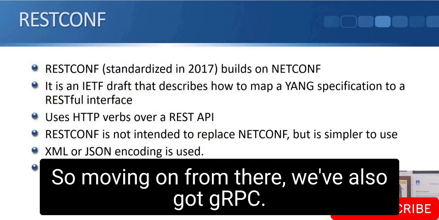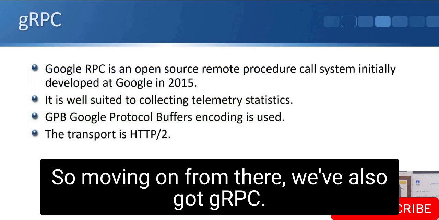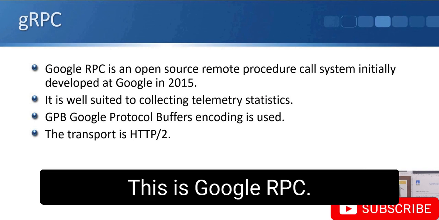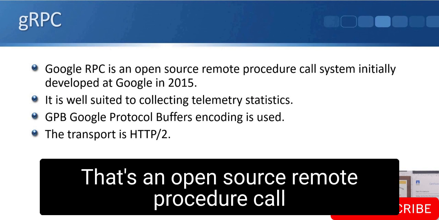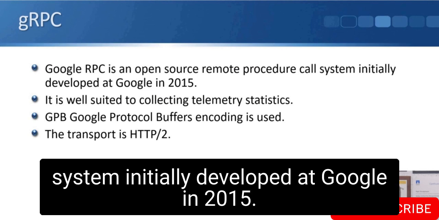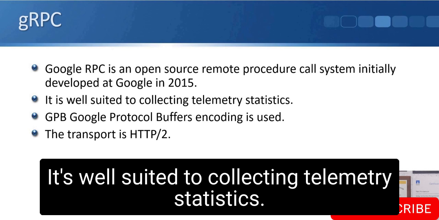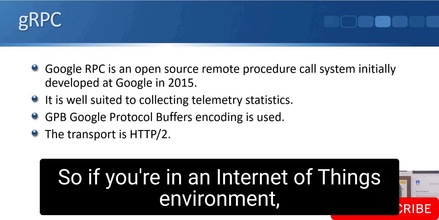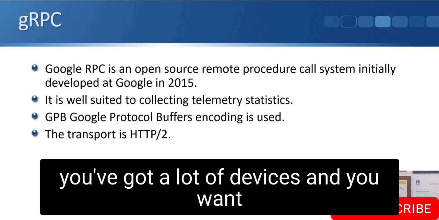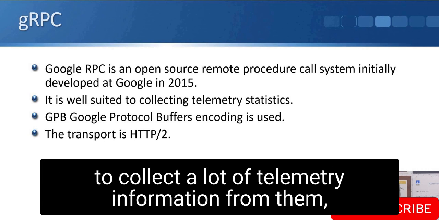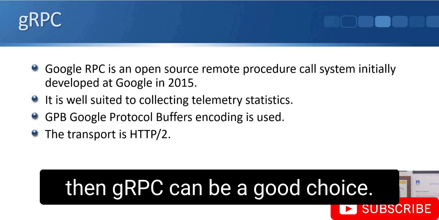Okay, so moving on from there, we've also got gRPC. This is Google RPC. That's an open source remote procedure call system initially developed at Google in 2015. It's well suited to collecting telemetry statistics. So if you're in an Internet of Things environment, you've got a lot of devices and you want to collect a lot of telemetry information from them, then gRPC can be a good choice.